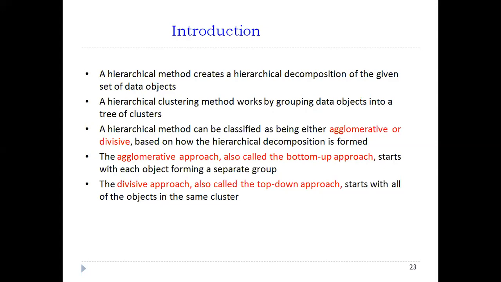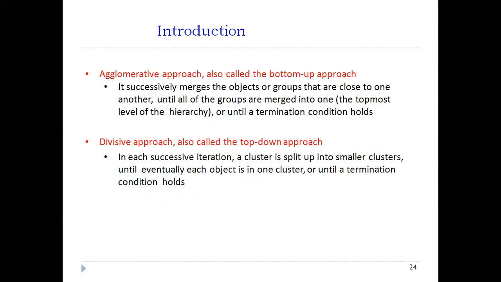In the agglomerative approach, you merge all the objects or groups that are very close to one another, and you form only one group at the end, when your termination condition is met or the algorithm completes.